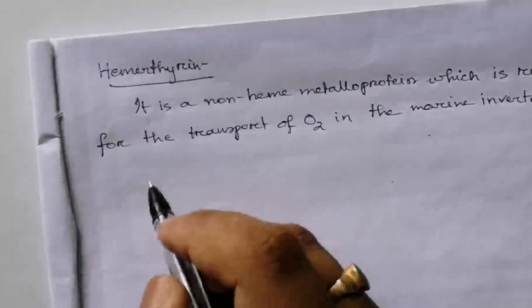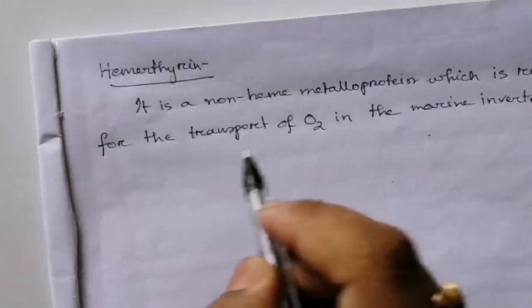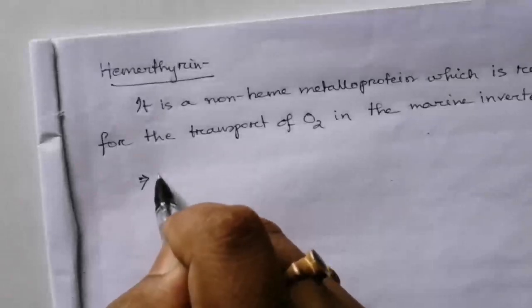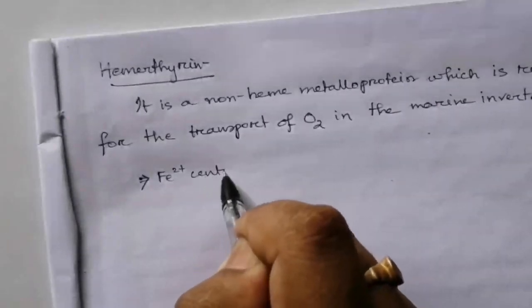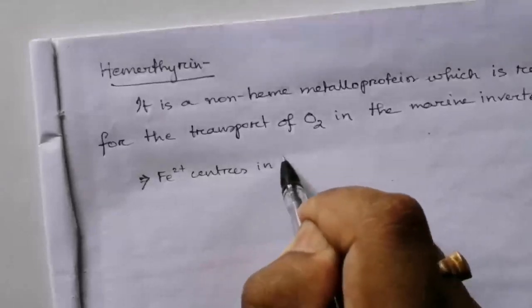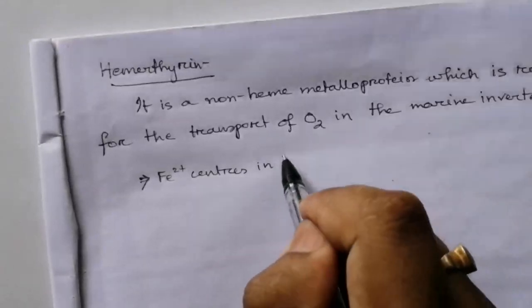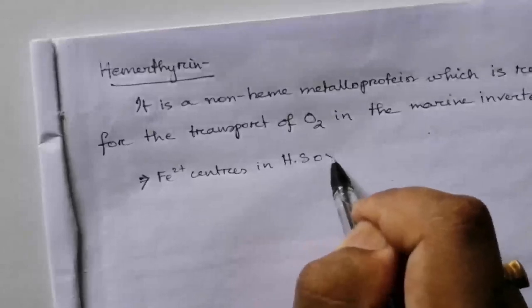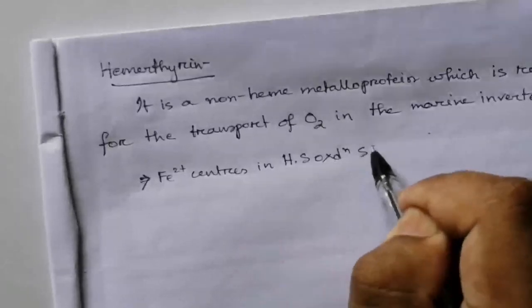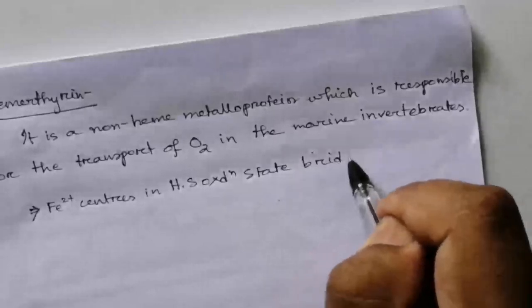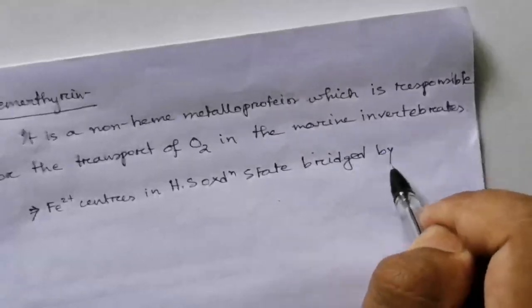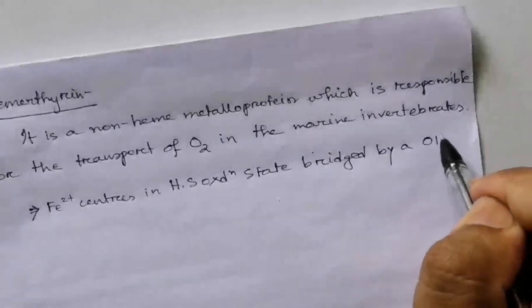Talking about the structure of hemerythrin, there are two ferrous ion centers in high spin oxidation state bridged by a hydroxyl group.